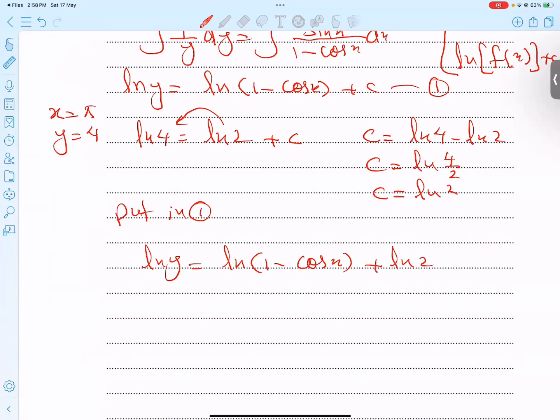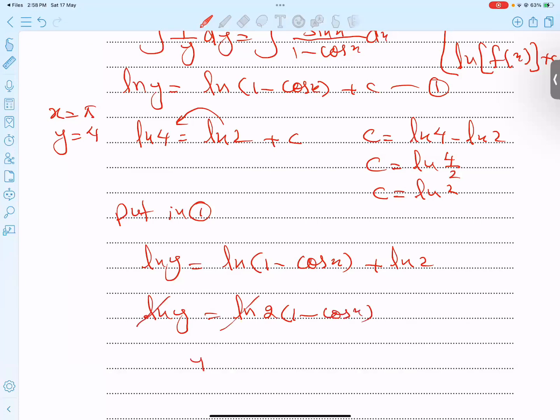Now my task is, because in the middle you can see plus, this value and this value will multiply. So when I'm writing in multiplication format, it turns out to be log of 2 times 1 minus cos x.